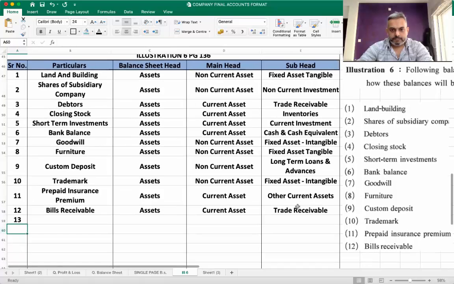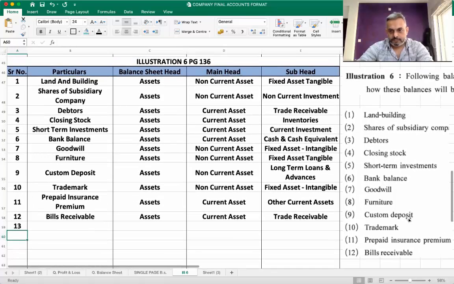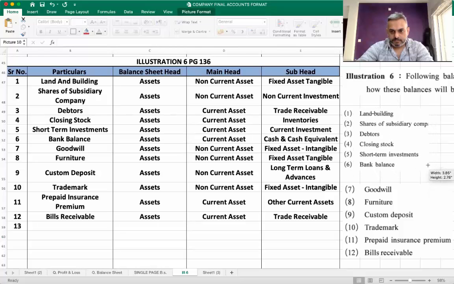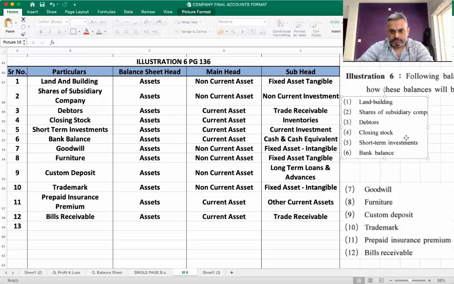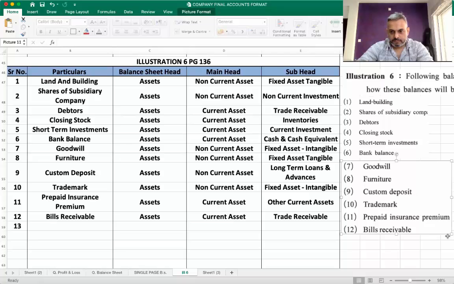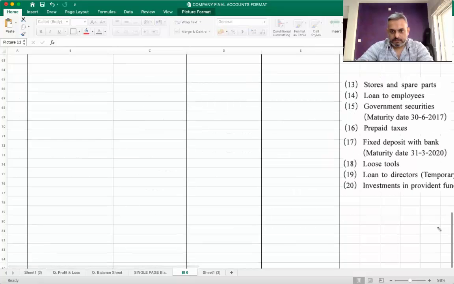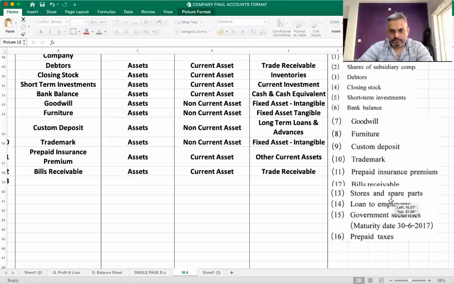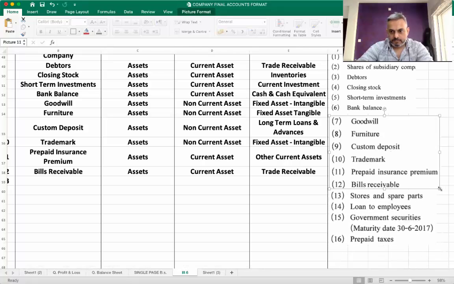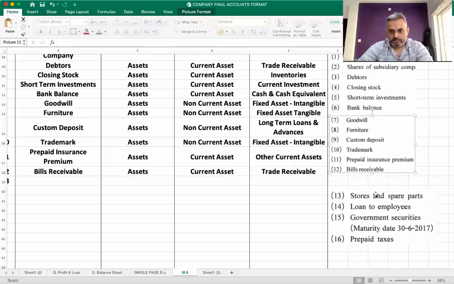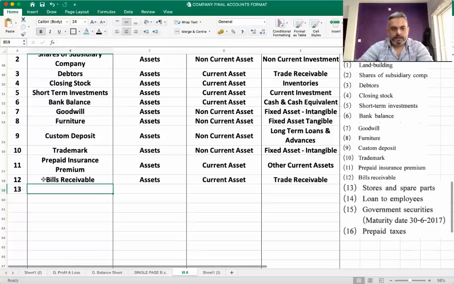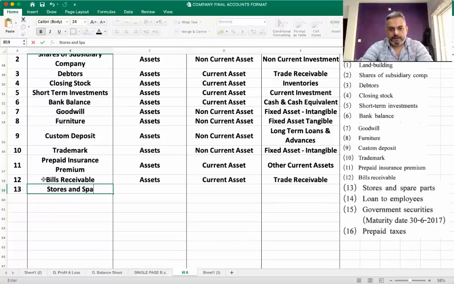13, stores and spare parts. Stores and spare parts.